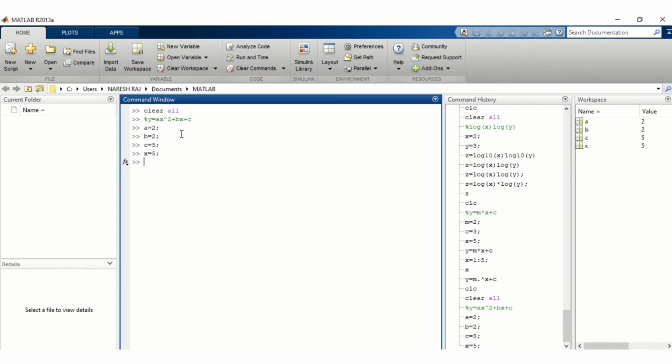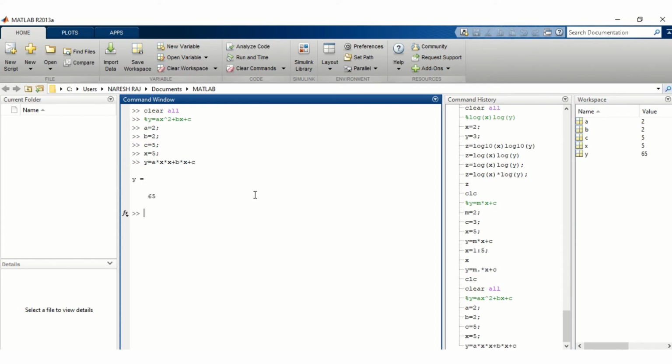Let's write the expression that we want to solve: y equals a multiplied by x squared plus b multiplied by x plus c. Now we will see what the result is. This is 65. This is used for only one element in the variable x.